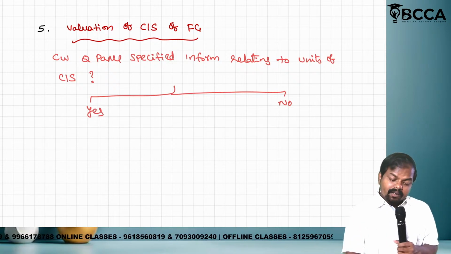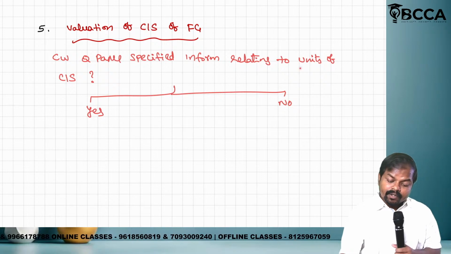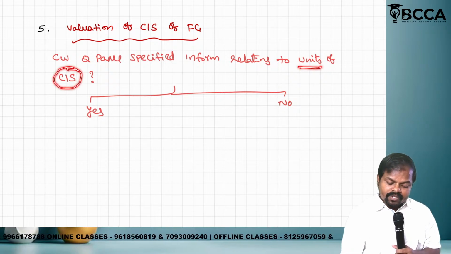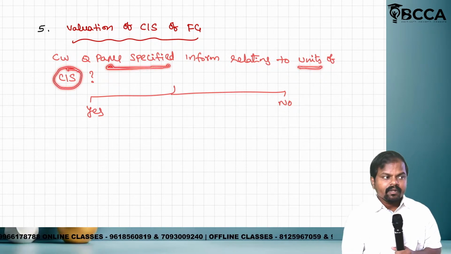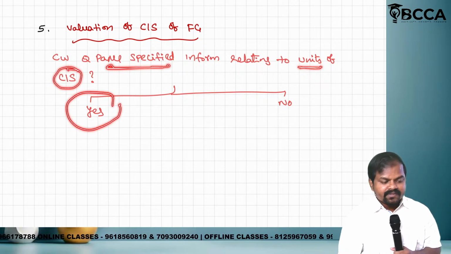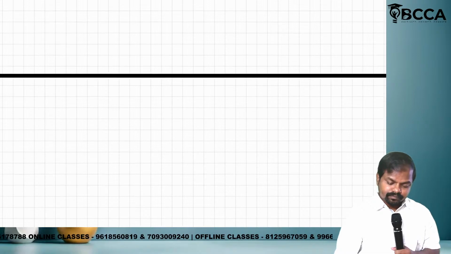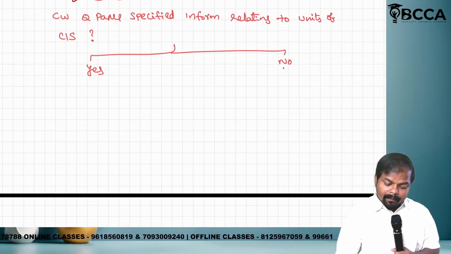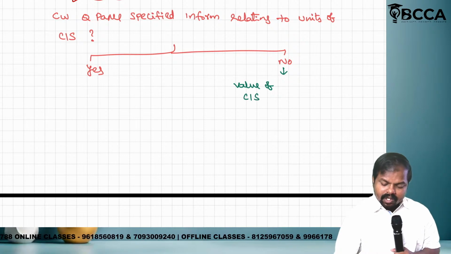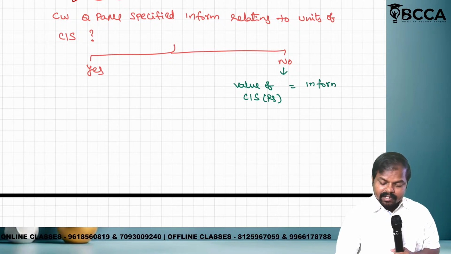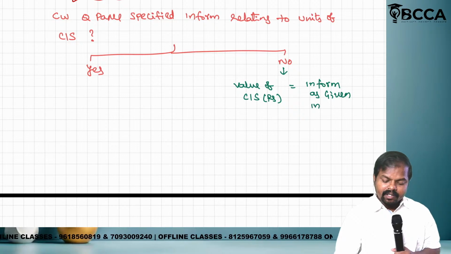Tell me, my dear friend, what information is required? Units of closing stock given in the question paper. Sometimes the answer is yes, sometimes no. Answer no means value of closing stock in rupees is equal to the information as given in the question paper.